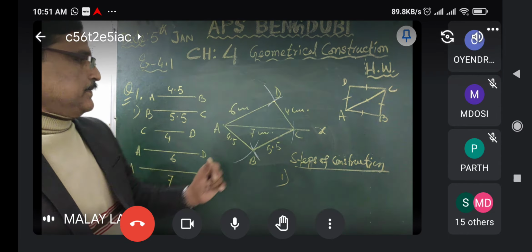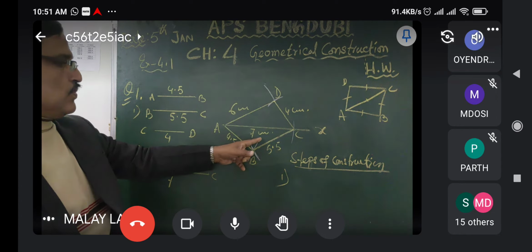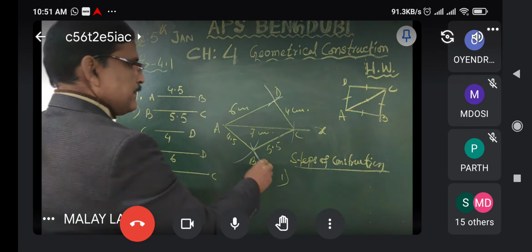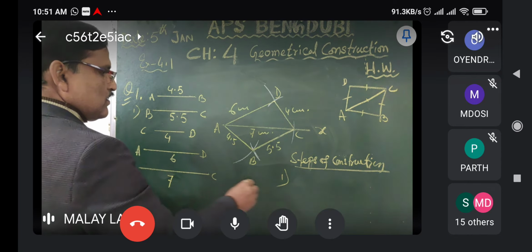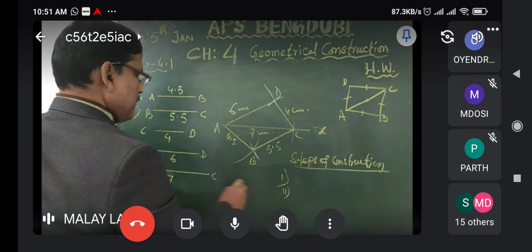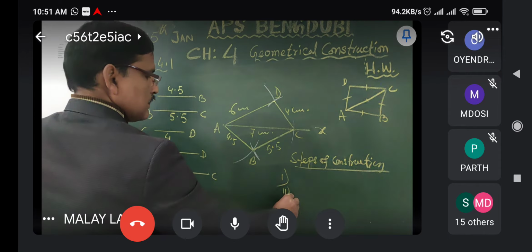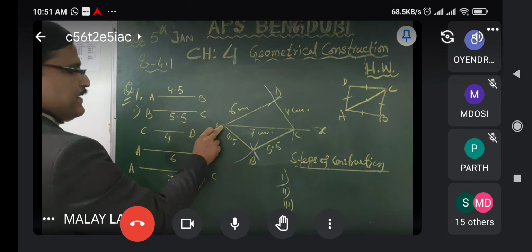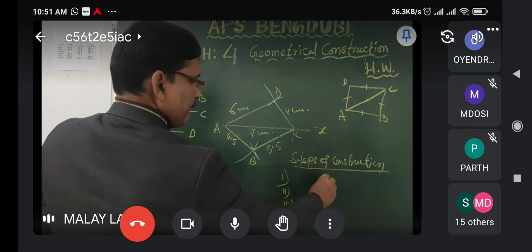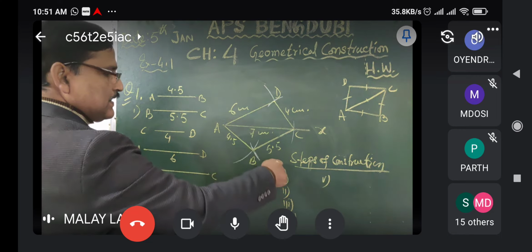Then take the measure of AB, place at A, draw arc. First AC, then cut it. Then take the measure of AC, cut. Then take the measure of AB, place at A, draw. 4 done. 5. Take the measure of BC, place at C, cut the arc.